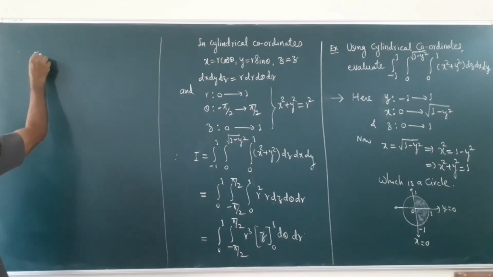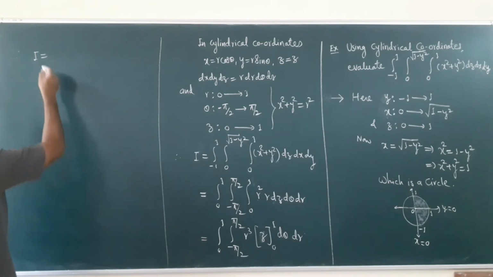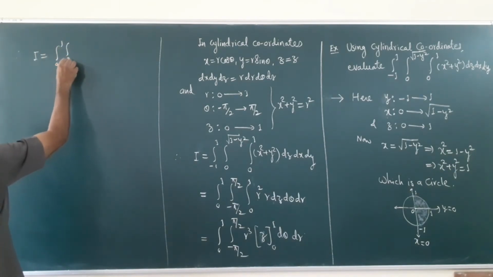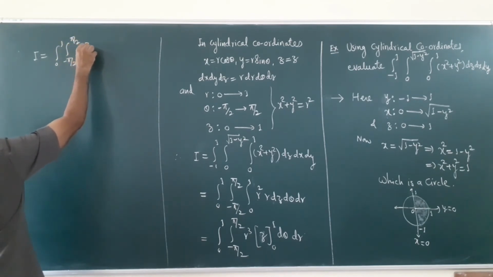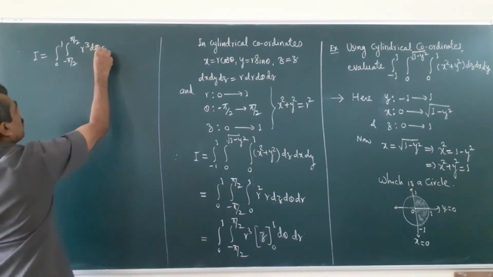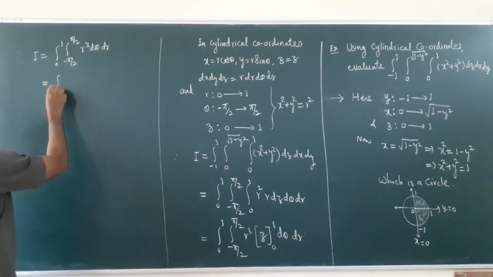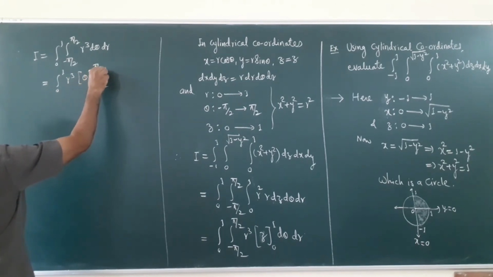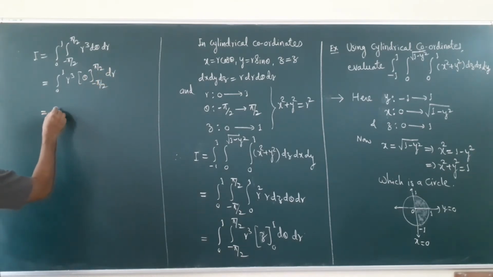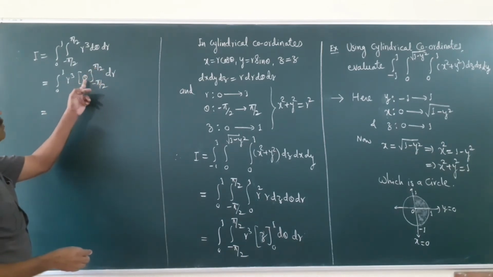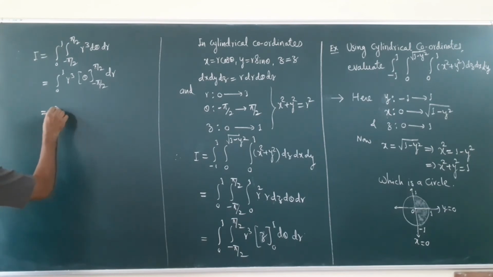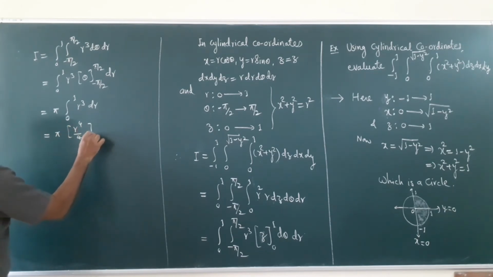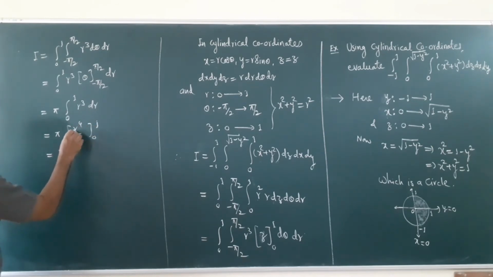Therefore, I is equal to, now z is 1, so no need to consider, integral 0 to 1, integral minus pi by 2 to pi by 2, r cube d theta dr. So, this is equal to integral 0 to 1, r cube theta over minus pi by 2 to pi by 2 dr. So, see now pi by 2 minus minus pi by 2, so that will be pi by 2 plus pi by 2, that is pi, integral 0 to 1 r cube dr. So, this is pi r raised to 4 by 4 over 0 to 1, and that will give you simply 1 by 4.